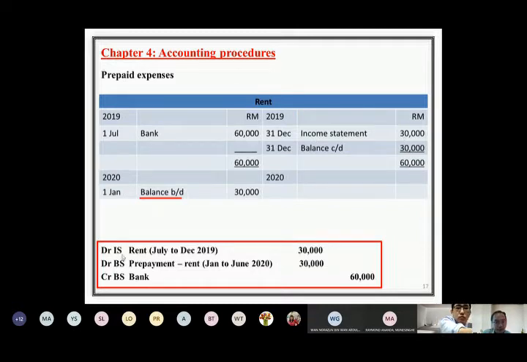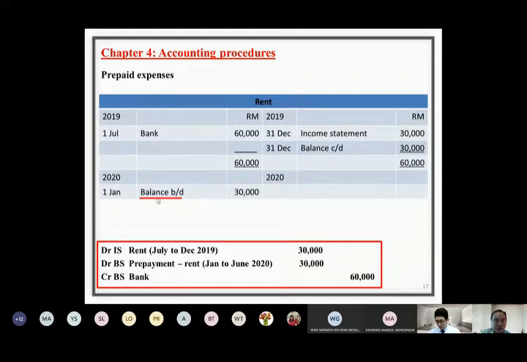For the journal entry, this is the balance sheet, also known as the statement of financial position. This is a prepayment. This is the rental that you prepaid. You paid the rental for next year, which is January to June 2020. So this will be 30,000, the 30,000 that you brought down.